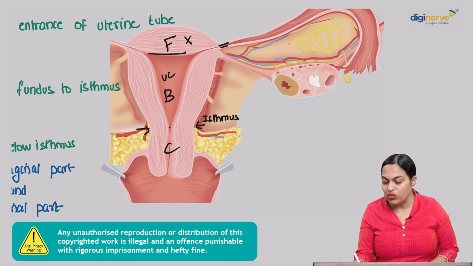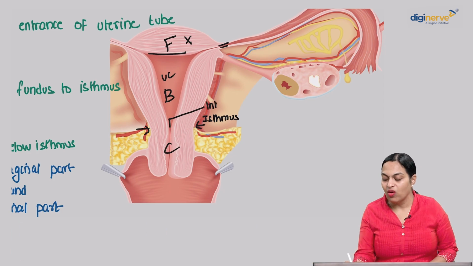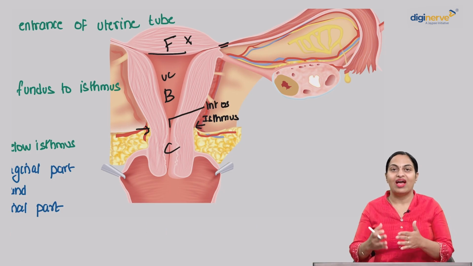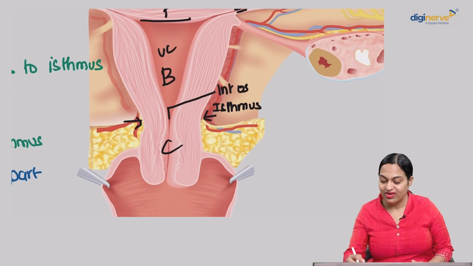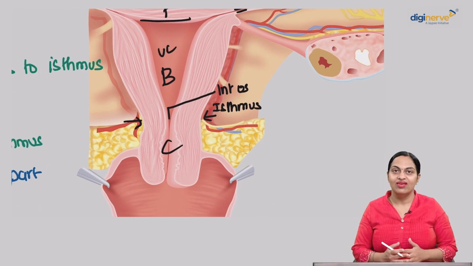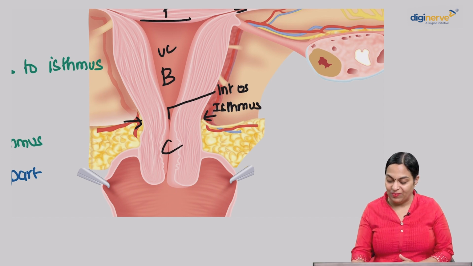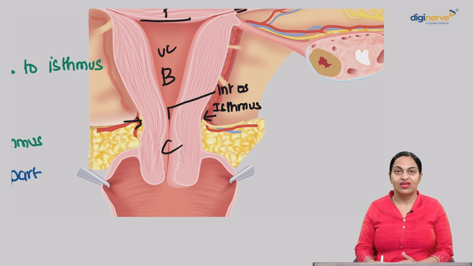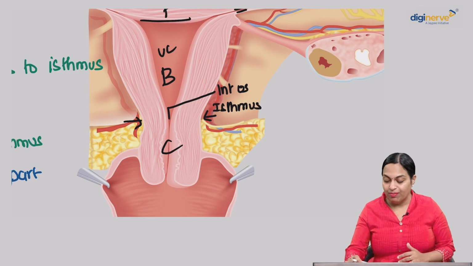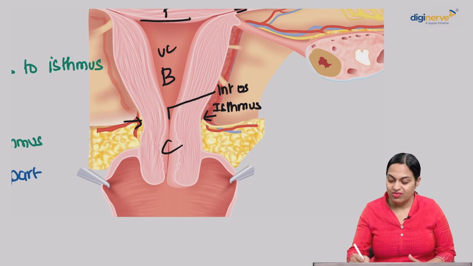It corresponds to the internal os, the junction of the cavity of the cervix with the cavity of the body of the uterus, right? The internal os, the junction between the cervical canal and the uterine cavity. And the cervix is that part of the uterus that lies below the isthmus.